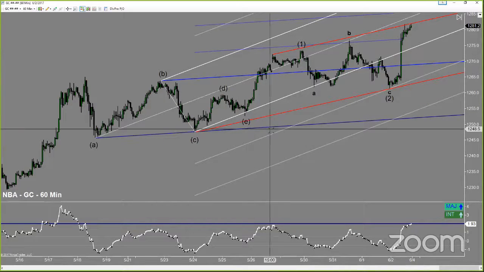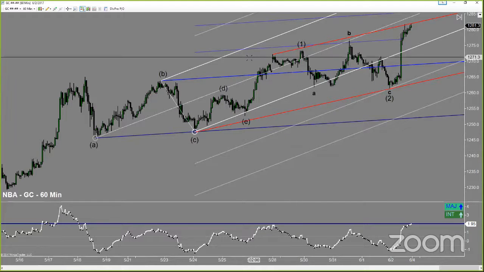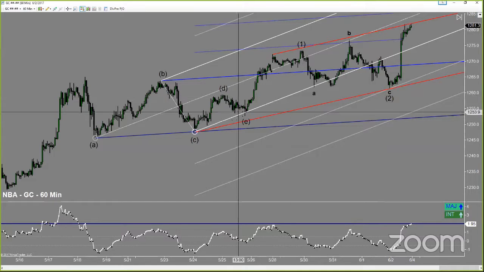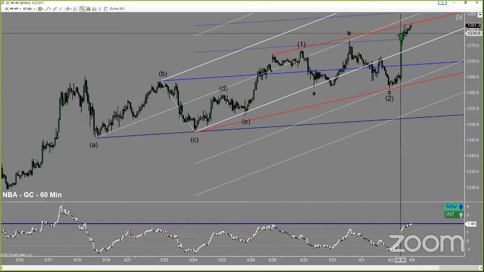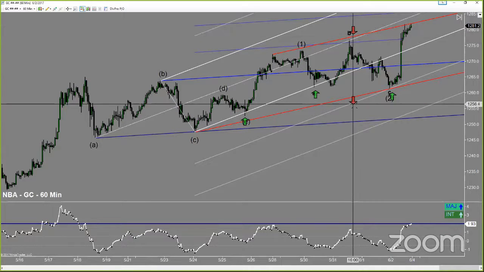I guess I deleted the negative warning lines for the channel, but the warning lines for the pitchfork, you see just a ton of respect, right? You see this lower median line giving you the lows, the negative 50% warning line giving you the lows here, the center median line giving you highs here.